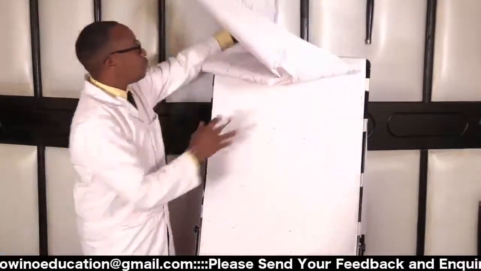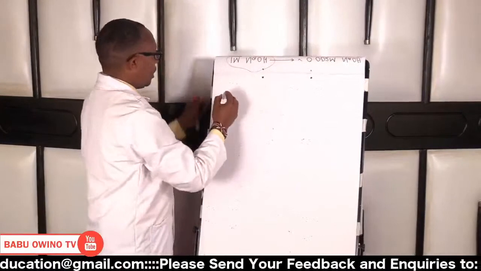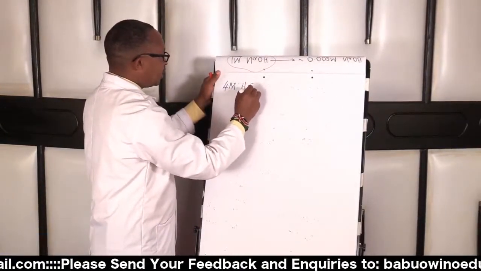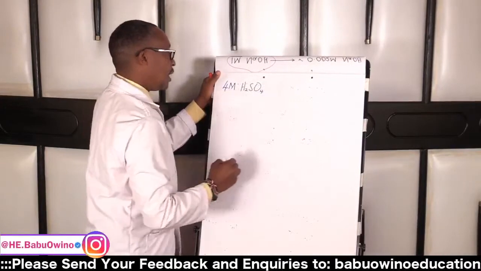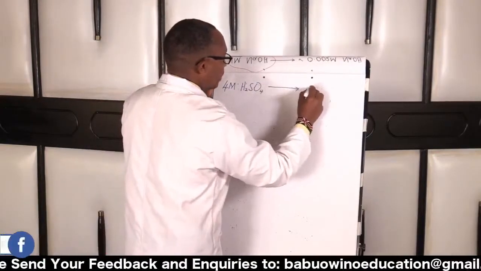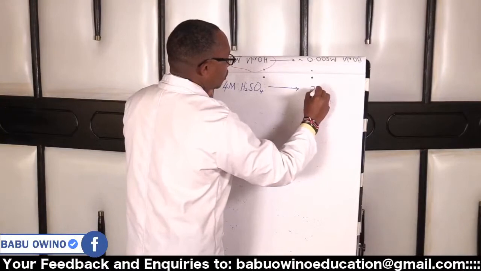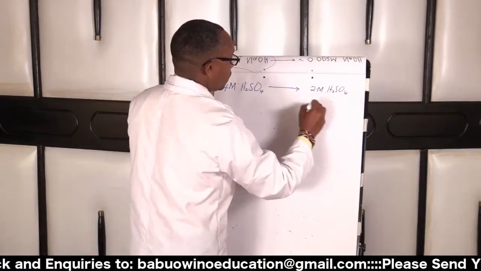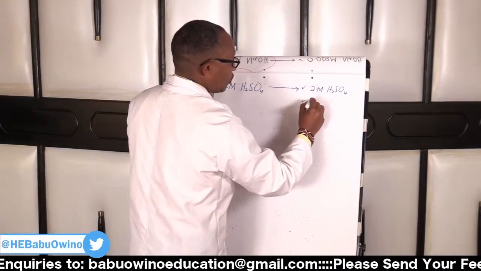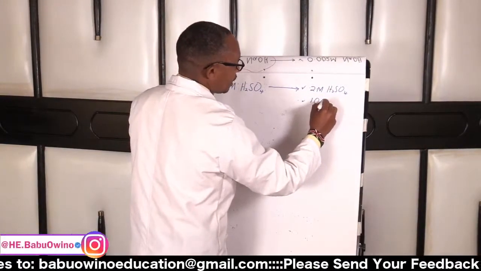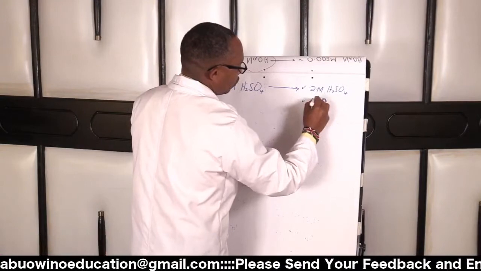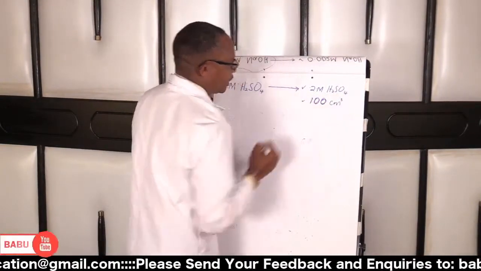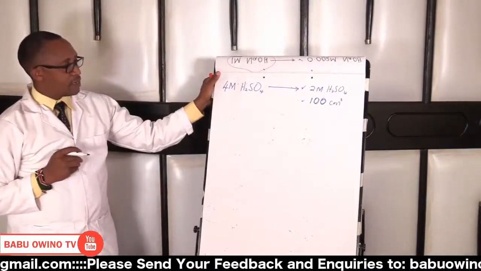Let's take example number 2. You have 4 molar sulfuric acid and you want to prepare 2 molar sulfuric acid, and here you want to make for 10 students each using 10 centimeters cubed.